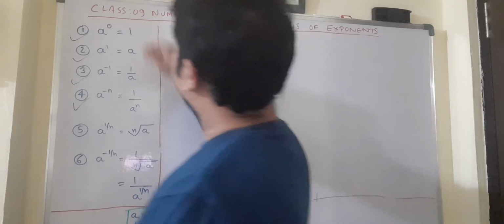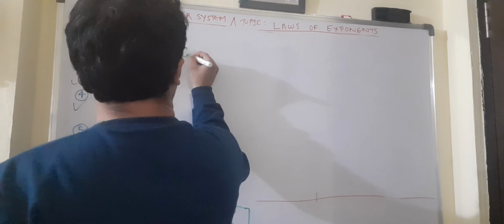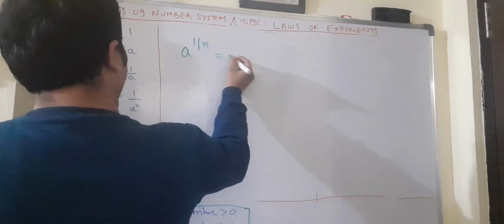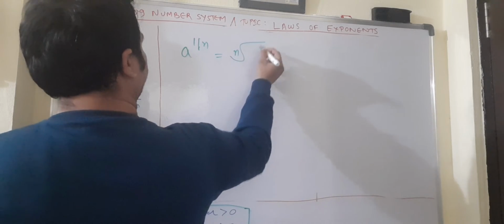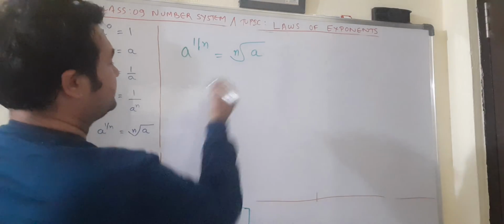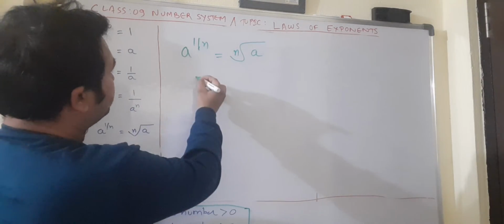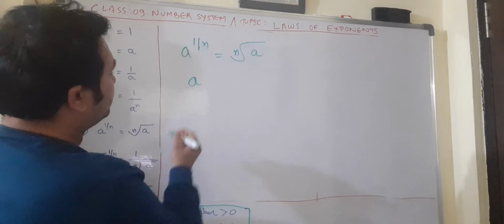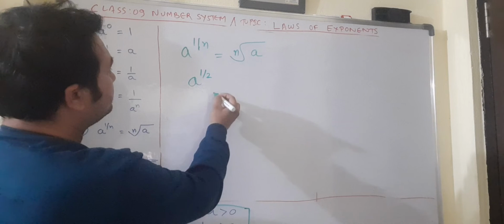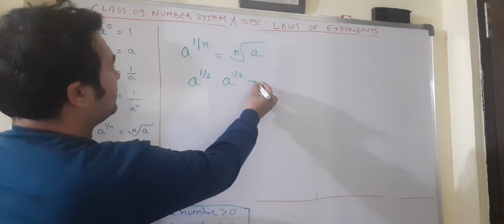Now see, a to the power 1 by n is the nth root of a. How does this happen? See, if you have a to the power 1 by 2 into a to the power 1 by 2, what will you get?